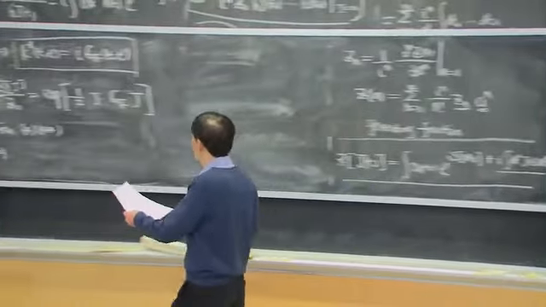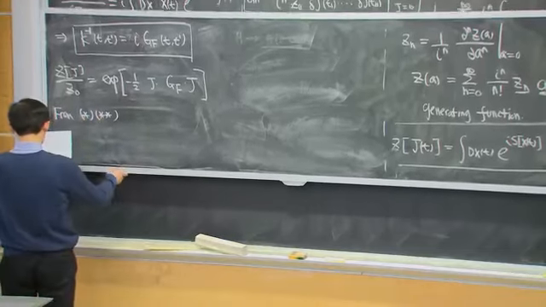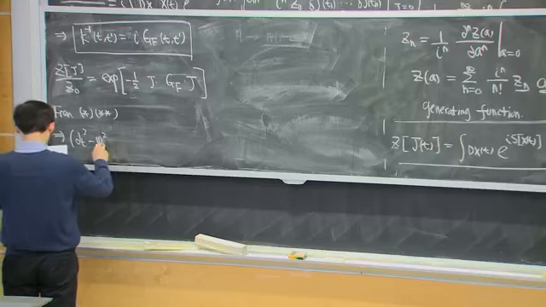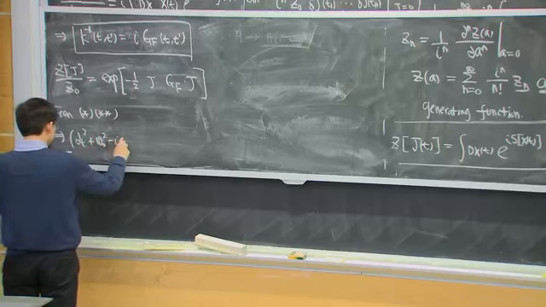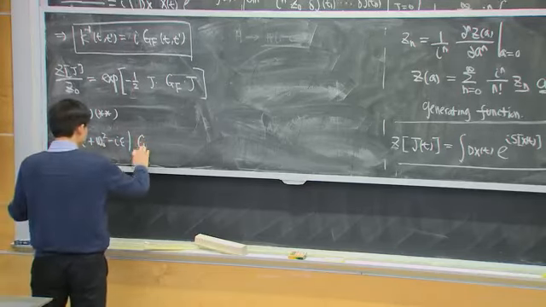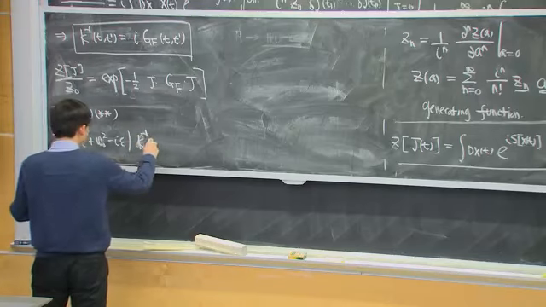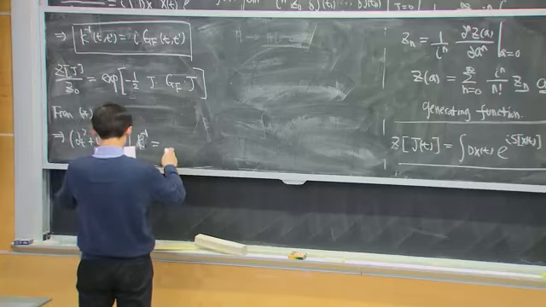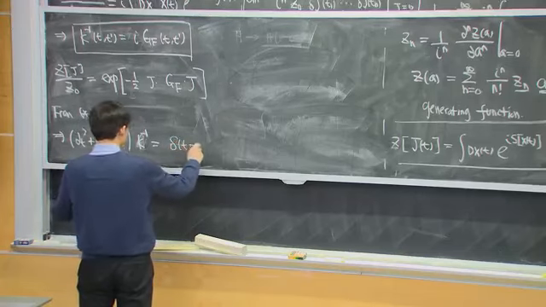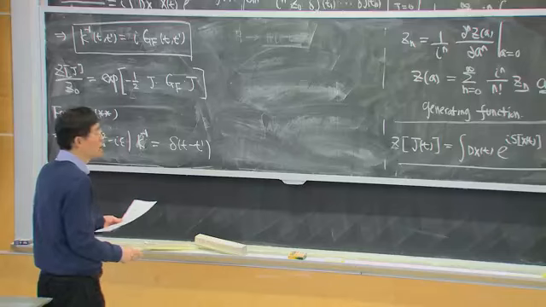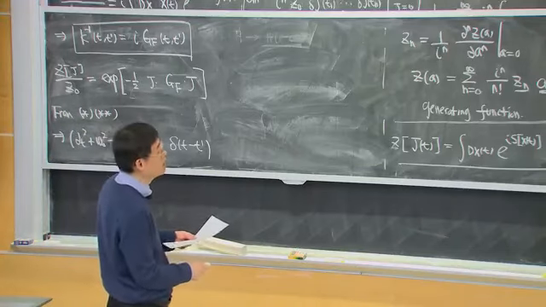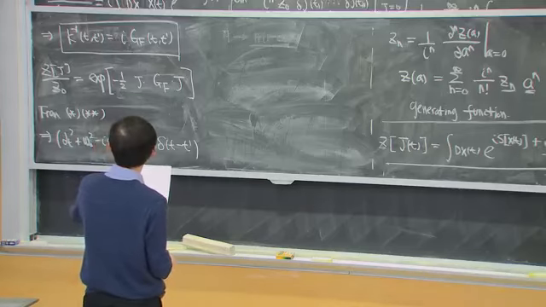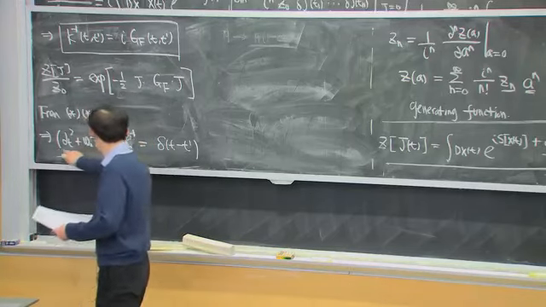Partial t squared minus omega 0 squared plus i epsilon, acting on K minus 1, should be equal to the delta function of t minus t prime. Let me just make sure I get the sign correct. Yeah, I think this is right.